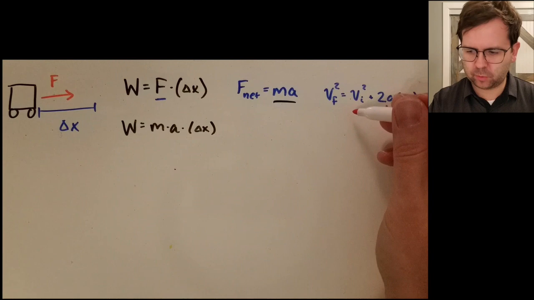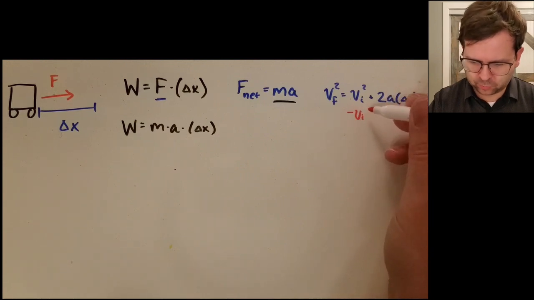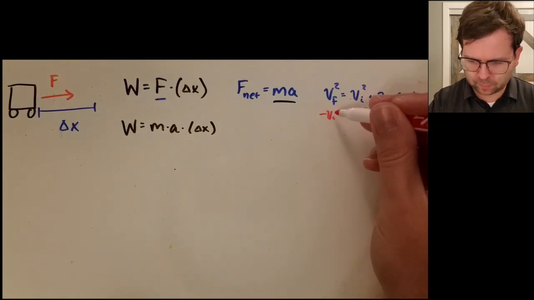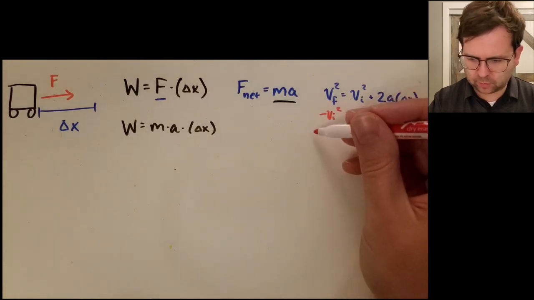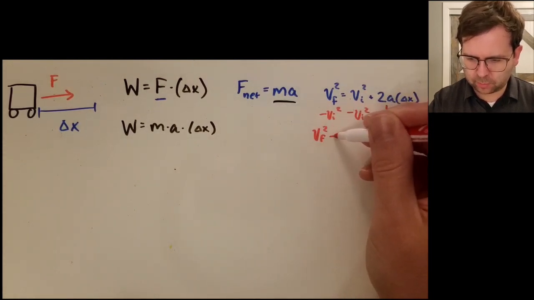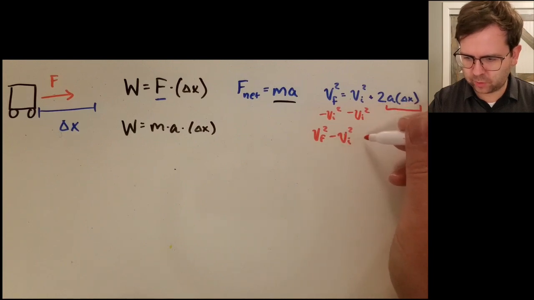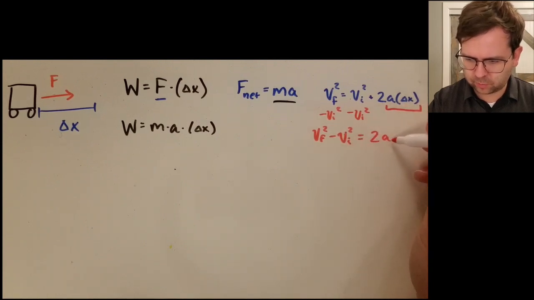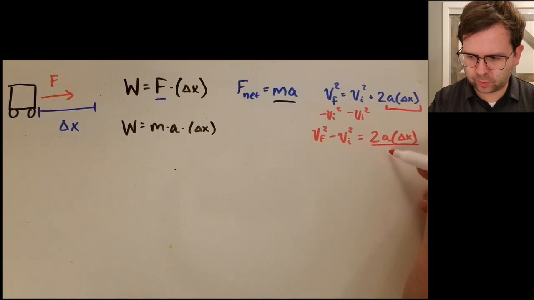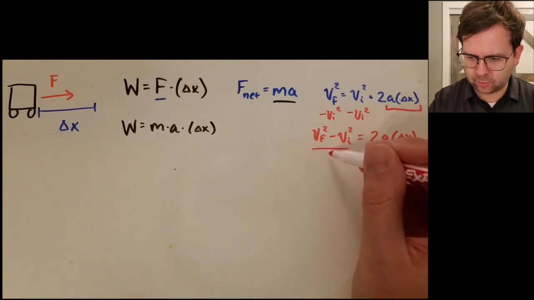To do that, I'm going to subtract the initial speed squared from both sides. And so I'll have the final velocity squared minus the initial velocity squared equals 2 times acceleration times delta x. Then I'll need to undo this times 2, so I'm going to divide by 2.